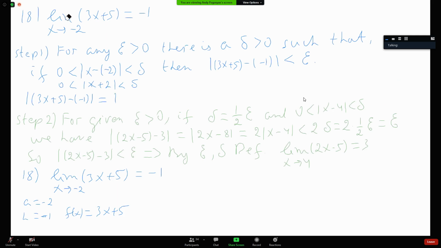So it's 3x plus 5 plus 1, 3x plus 6, 3 times x plus 2, which is the same as 3 times x minus negative 2. This should be less than 3 delta. Now, if you make your 3 delta equal epsilon, delta is 1/3 epsilon.